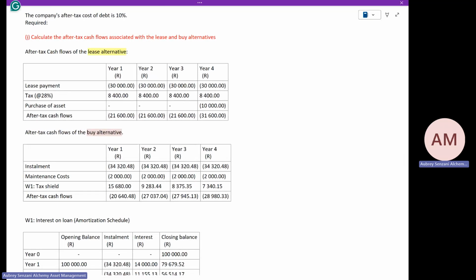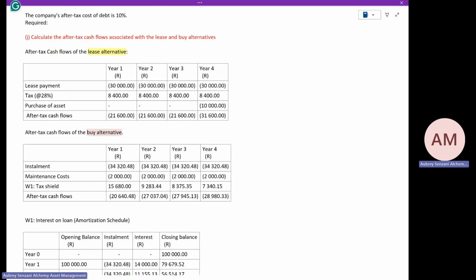There's obviously going to be a mark or two there. And if we get this 31,600 wrong, our cash flows calculation in the next portion of the question is going to be wrong. But anyway, the lease option, pretty straightforward.